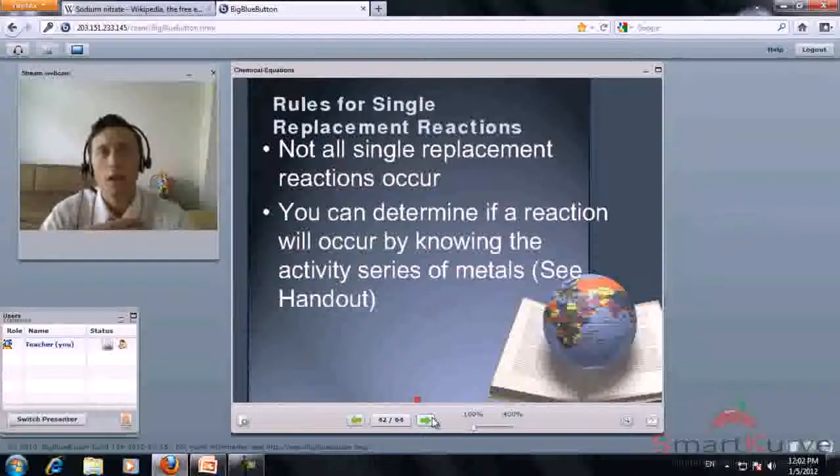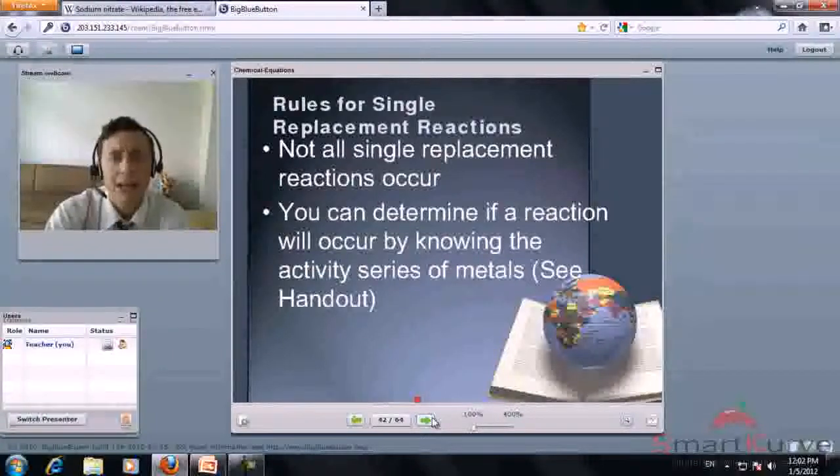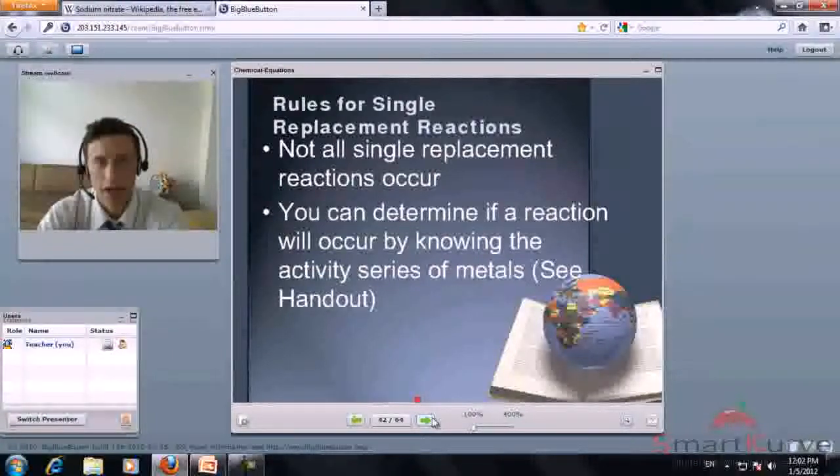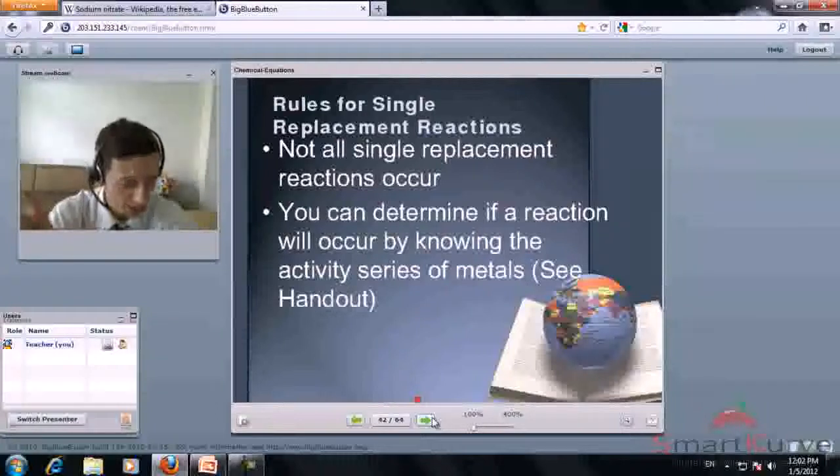Remember, all of our metals have a different atomic number, and therefore a different number of electrons, and therefore the electrons are arranged in a different way. And the way the electrons are arranged in these shells will determine just how reactive an element or a metal is.